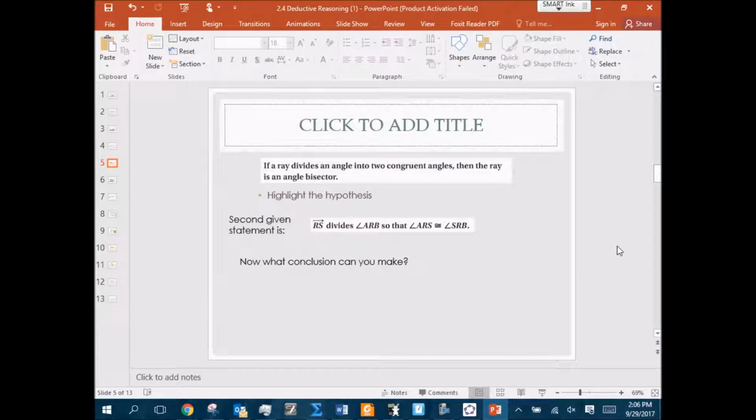We're going to use this in real life. You use it every day. You don't think you do. You don't process things at this pace during your life, but you use deductive reasoning and the law of detachment all the time. Think about this. You know because of previous information, if the bell rings, then you get up and go to 7th period, right? And in 20 minutes the bell's going to ring. What are you going to do?